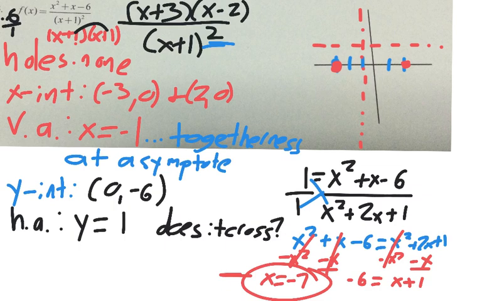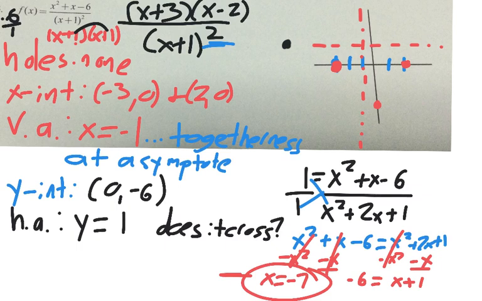The y-intercept is at -6, which would be down here. And I also know it crosses the horizontal asymptote at -7. So if this is -3, -4, -5, -6, -7, it crosses the horizontal asymptote somewhere out here when x is -7. So it has to go through that point.